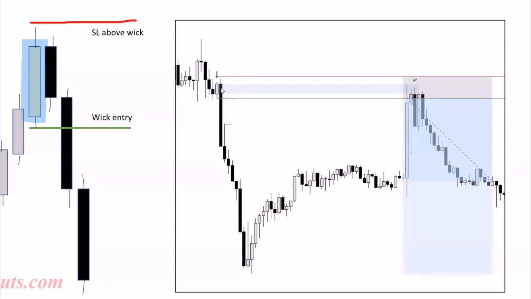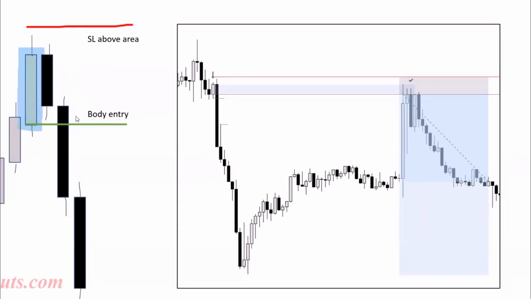It's been one up move and then one straight massive down move all the way to the downside. Price has not even come back to mitigate any of that up move before we started moving down. Hence why we're looking at this as my first point of interest. Now, you've got this wick entry. Stop loss would be just above the top of the wick.